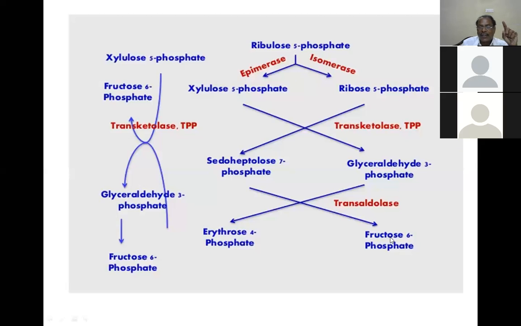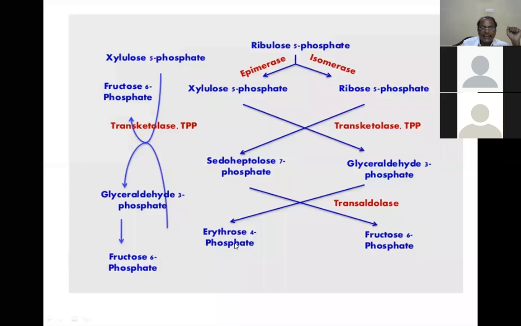From fructose 6-phosphate, you can have glucose 6-phosphate without any difficulty, as the isomerase enzyme is reversible. So the ketose can be altered to an aldose, and you can have glucose 6-phosphate if no reaction takes place further.